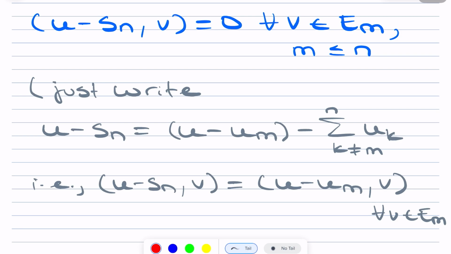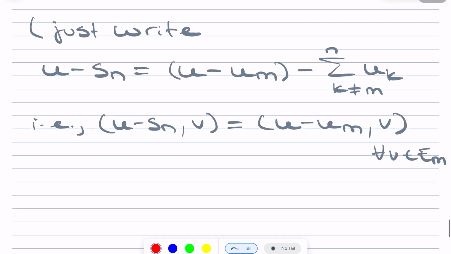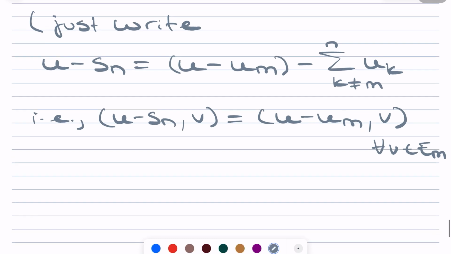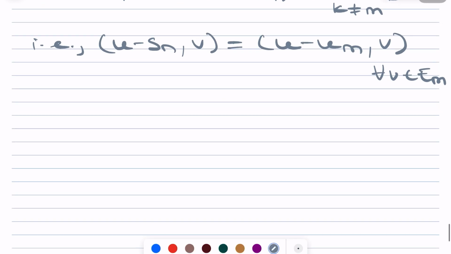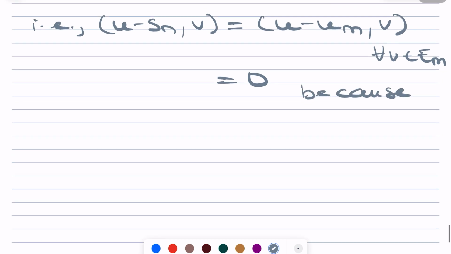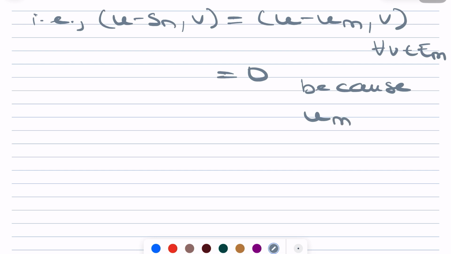Because the En are mutually orthogonal, the scalar product will be 0. So this scalar product is equal to this, but this is 0, because by definition it is the projection of u onto Em.